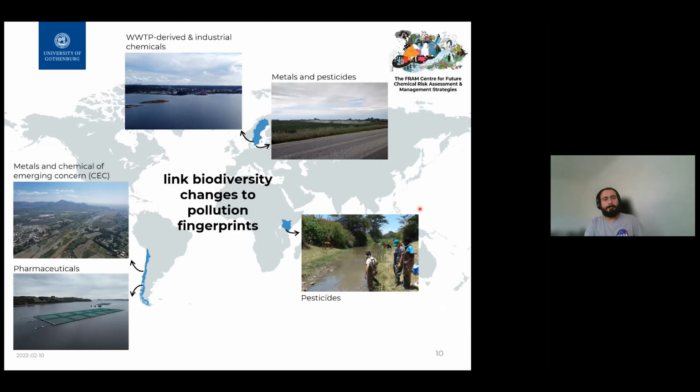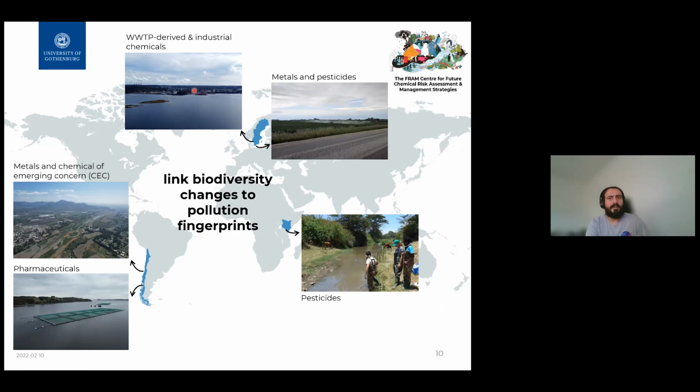For instance, in Sweden we have two case studies. One, on the western Swedish coast, is about the role of wastewater treatment plants and industrial facilities on the biodiversity of marine microbial communities.